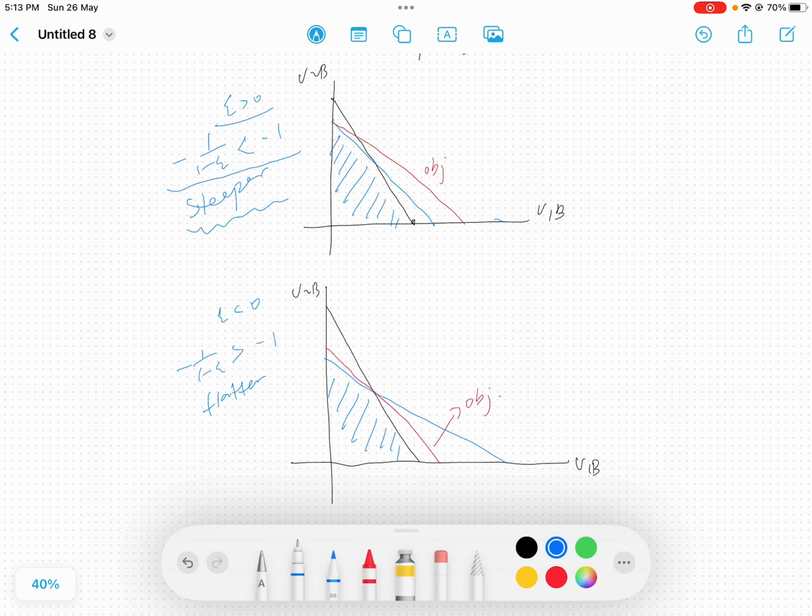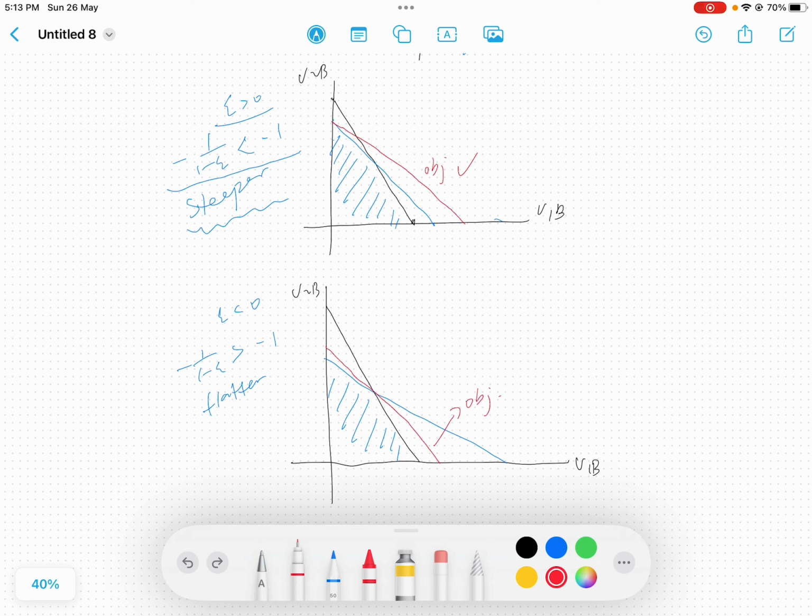Here our objective function, although it doesn't look like it has a minus 1 slope, we just suppose that it has that. So let's say this objective function has a downward slope of minus 1, and so this angle is 45 degrees. Here, the blue line is steeper than the red line.